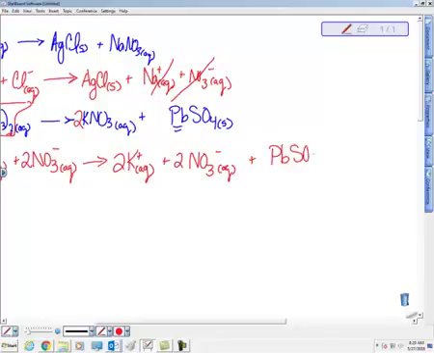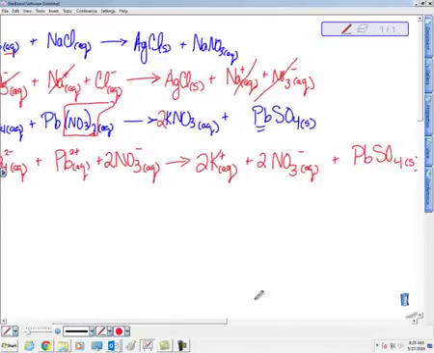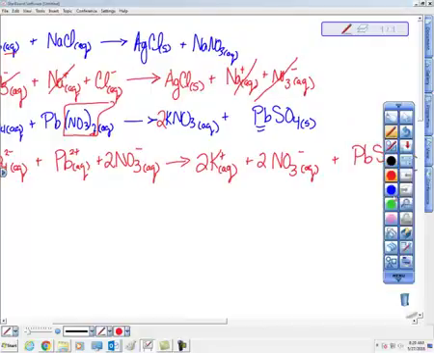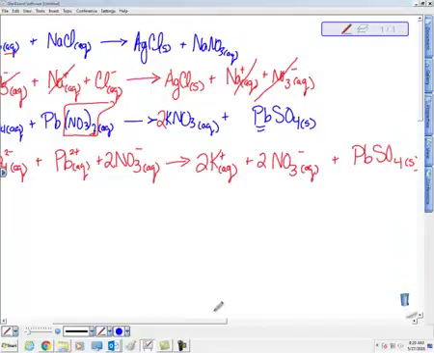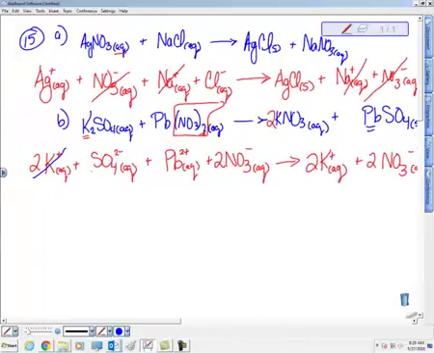No charges or anything, just put a solid there. All right, so there's the whole thing. It's really long. Try to identify who the spectator ions are, things that stayed the same on both sides. I think it was pretty obvious that it was the potassium and the nitrate. Those are your spectators. All right, so number 15 is done.